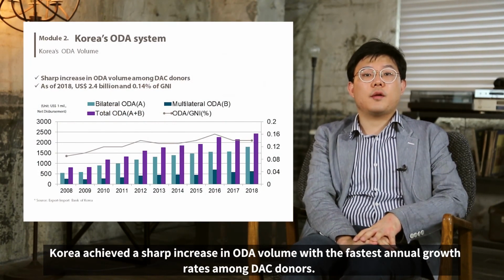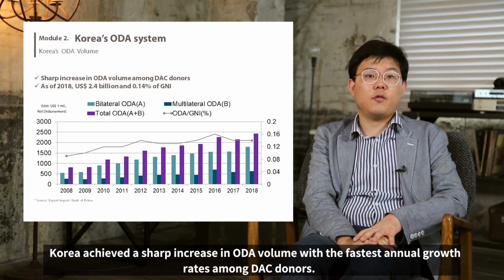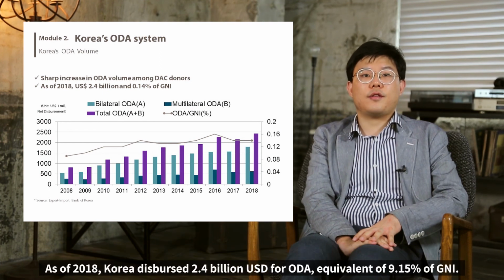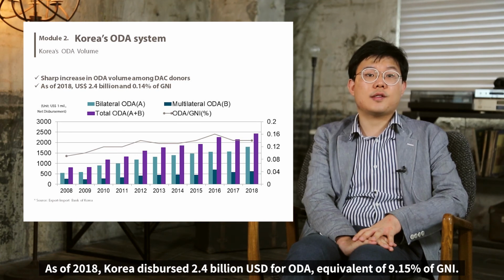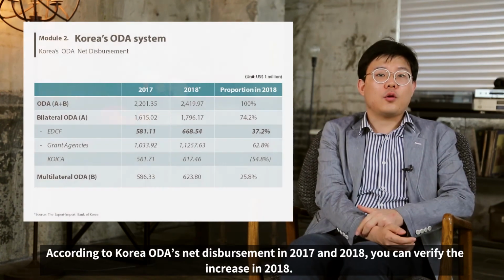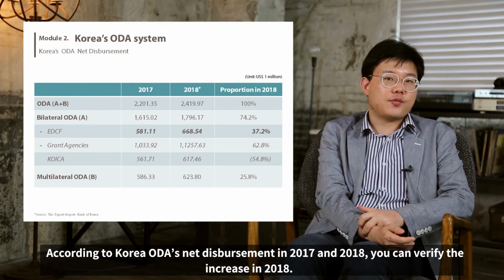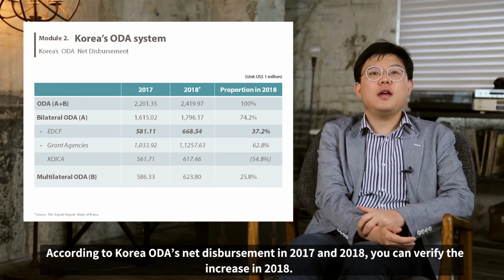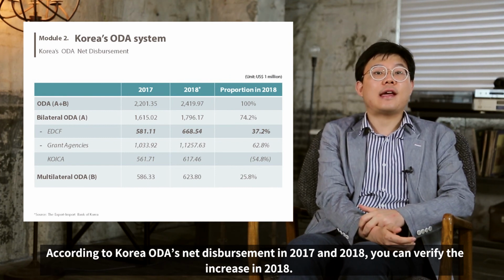Korea achieved a sharp increase in ODA volume with the fastest annual growth rates among DAC donors. As of 2018, Korea disbursed $2.4 billion for ODA, equivalent of 0.15% of GNI. According to Korea ODA's net disbursement in 2017 and 2018, you can see the increase in 2018.